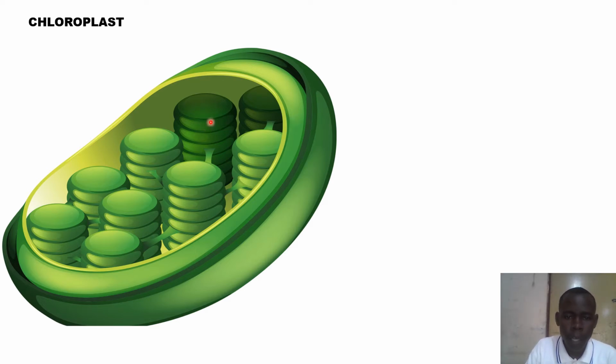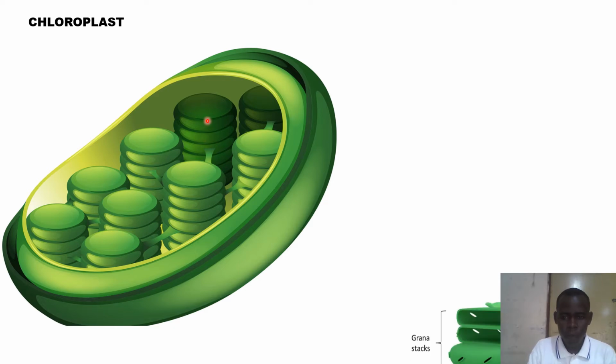These ones are called thylakoids. This stack of thylakoids is known as a granum, plural grana. The thylakoids have membranes, as you can see here.